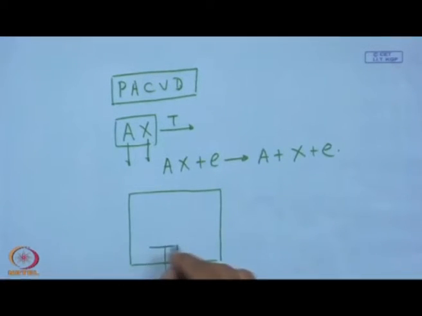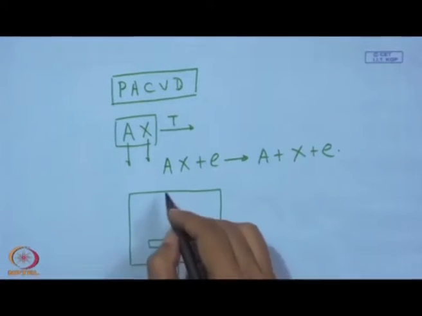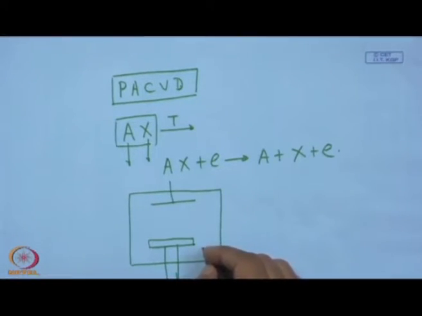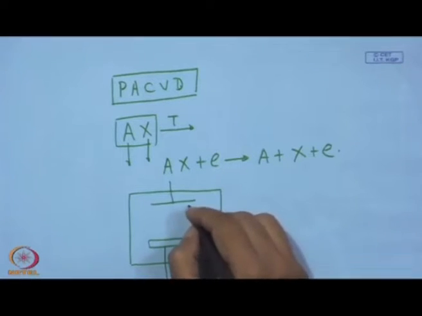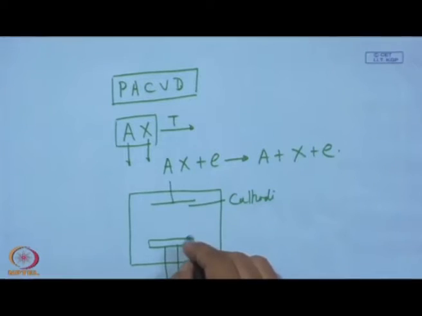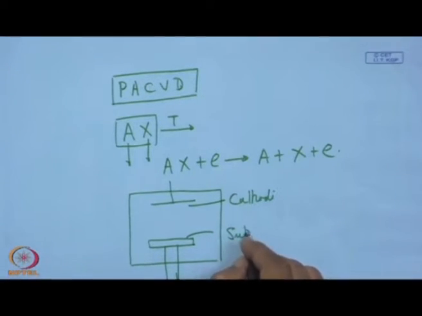maybe we have a substrate and then we have one cathode and there will be one anode. So, this substrate can be one anode, or we can have an additional anode adjacent to this one. So, this is actually cathode, this is the substrate.